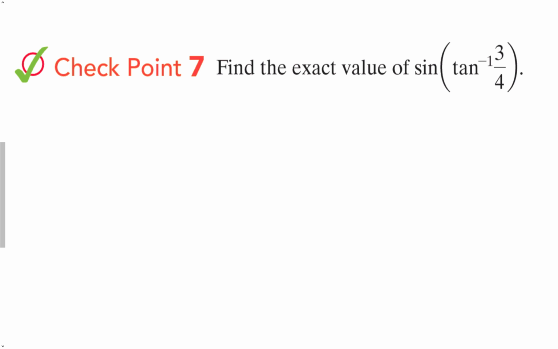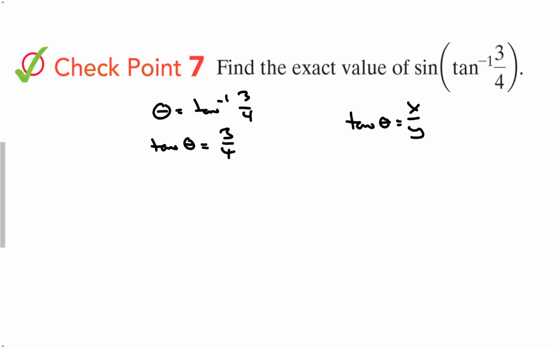Let's try it again. So we know that theta is equal to the inverse tangent of 3 over 4. That means somewhere there's an angle that has tangent 3 over 4. So if tangent is equal to y over x, that means y is 3, x is 4.